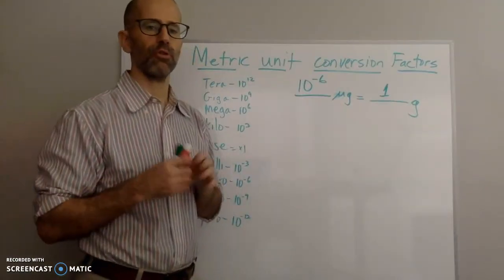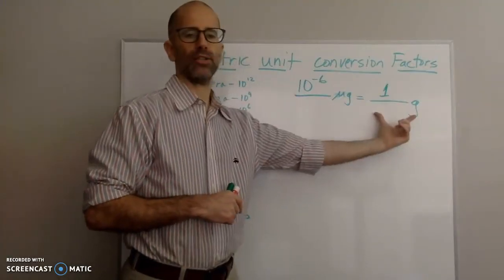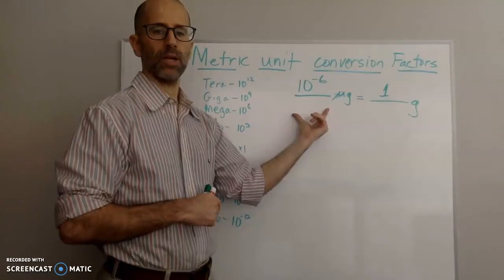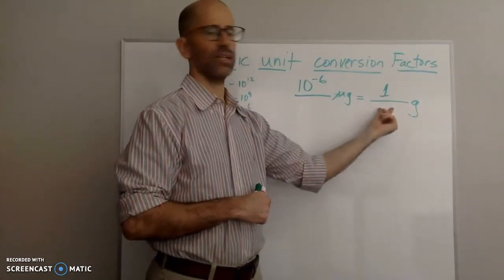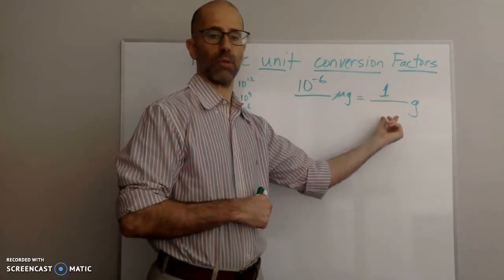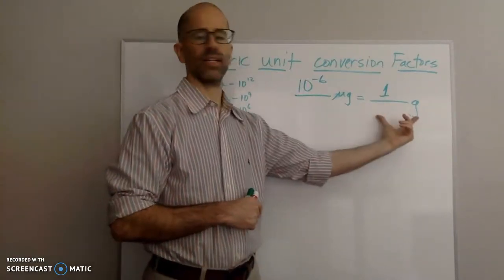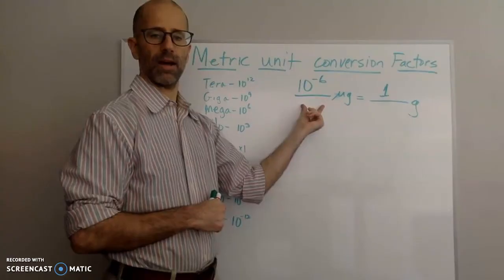So remember, if these sides are equal, the magnitudes have to be equal, right? So if this is a larger unit, then this should be a smaller number compared to this one, because it's going to take less of these to equal this side.